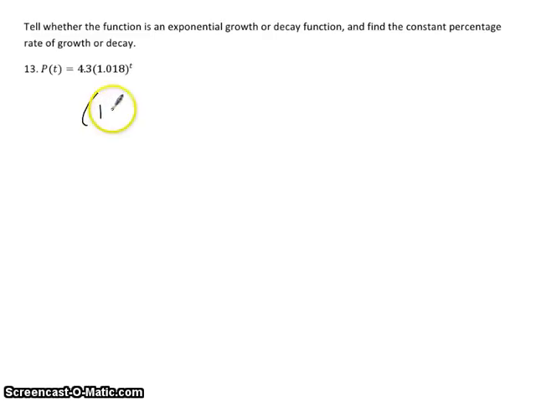Another way of looking at this is 1 plus 0.018 in parentheses here. And so the actual percentage comes from this decimal here, 0.018. And if we were to convert this decimal into a percent, move the decimal over 2 spots, we would end up with 1.8% growth. And that's it. Let's move on to the next problem.